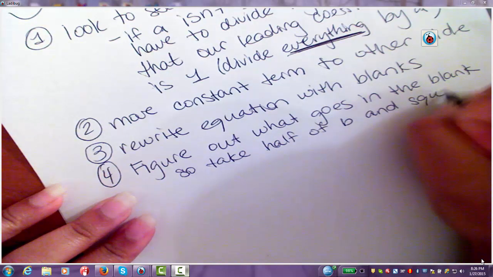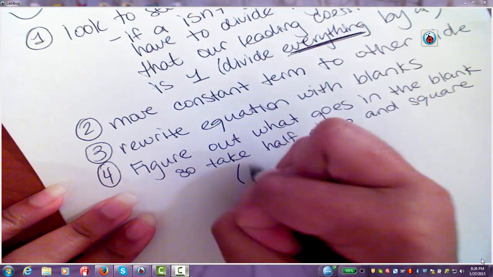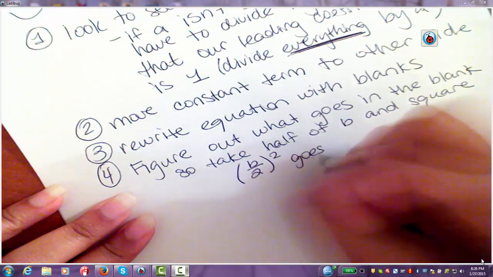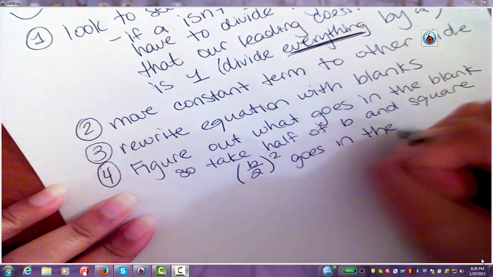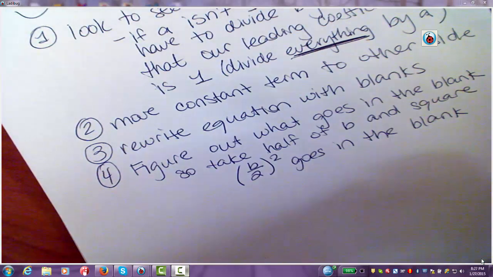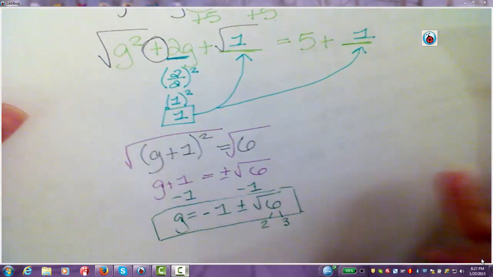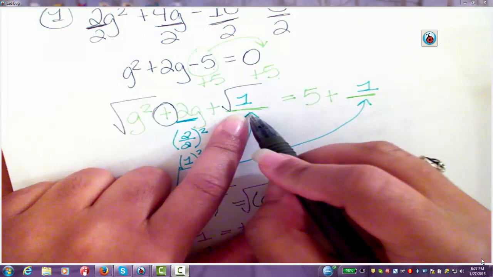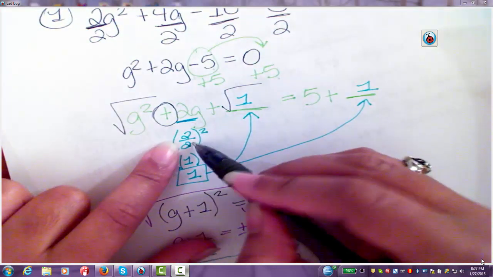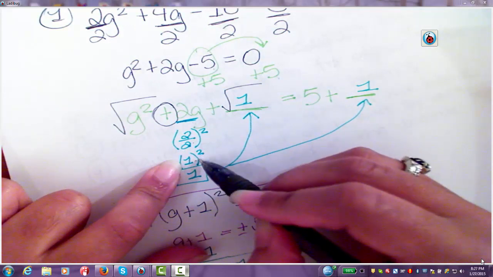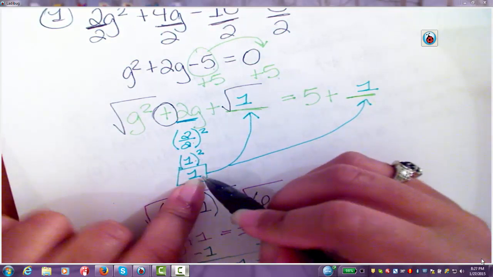So b over 2 squared goes in the blank. You will notice, if you look back at your equation, in our blank we took half of 2, 2 divided by 2 is 1, and we squared it. 1 squared is 1. So that's how 1 got put in this blank and this blank.